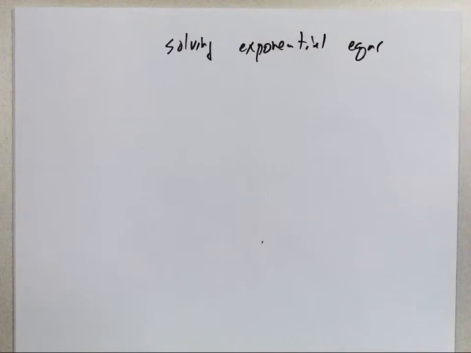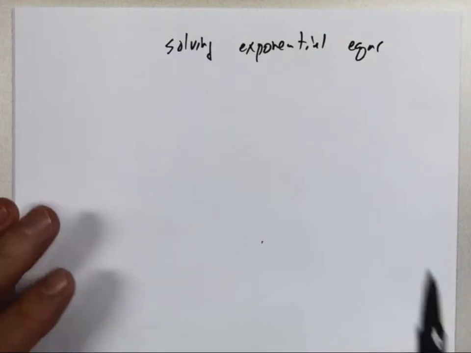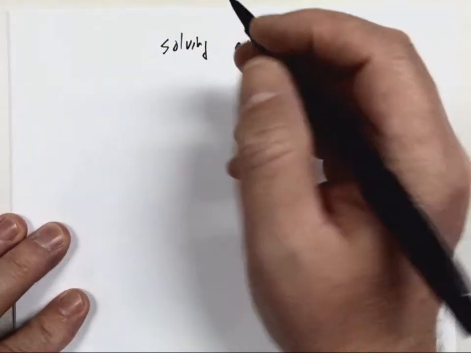Although, I just remembered there's one more thing I need to talk about. So I think I'll talk about this last point and then stop. And then the next video will cover solving exponential equations. So here's something we have to cover. So let's look at some examples.